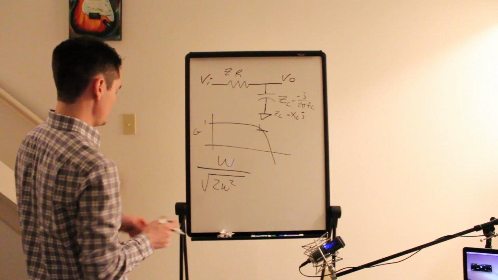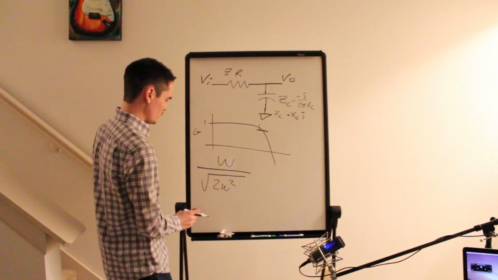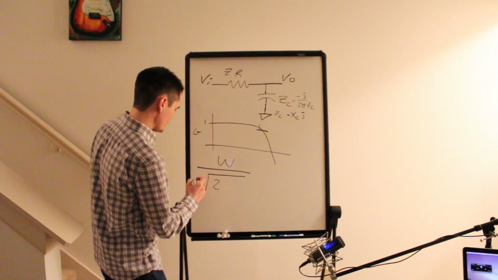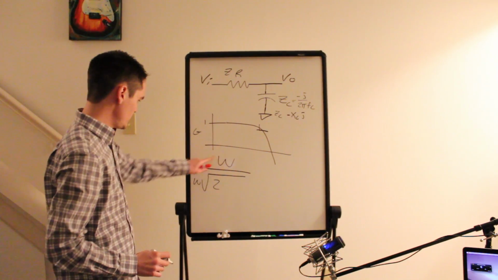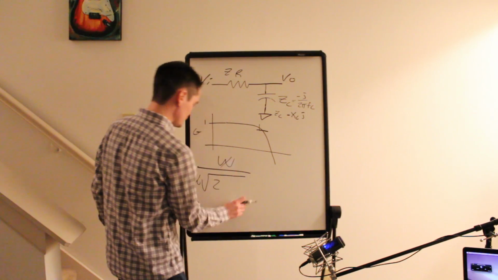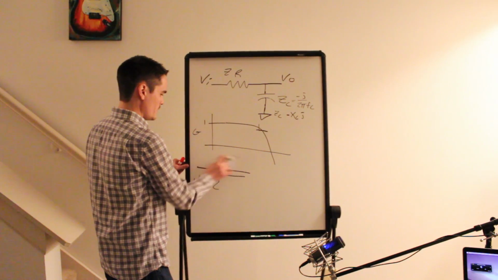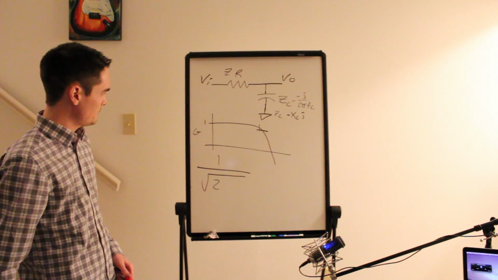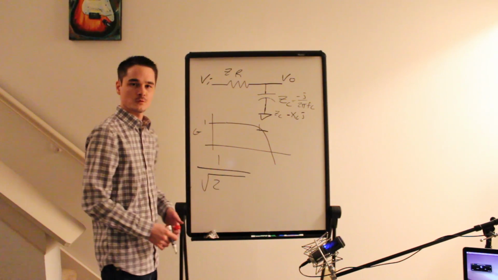Okay, so that's good. The W squared can get pulled out now. So now we have a W out here. Oh, the W's divide. W, and then that equals 1 over the square root of 2. It just so happens that's our minus 3 dB point.